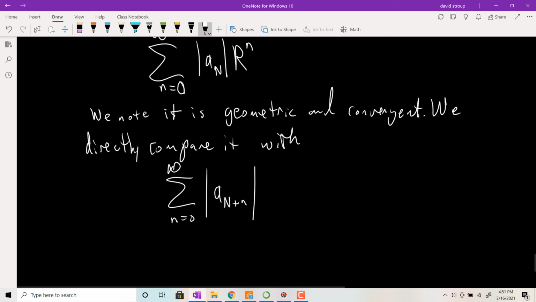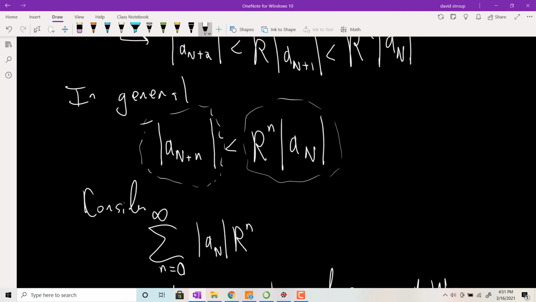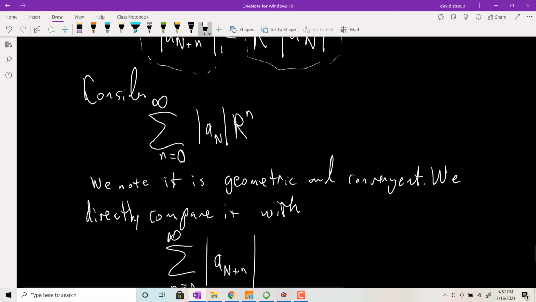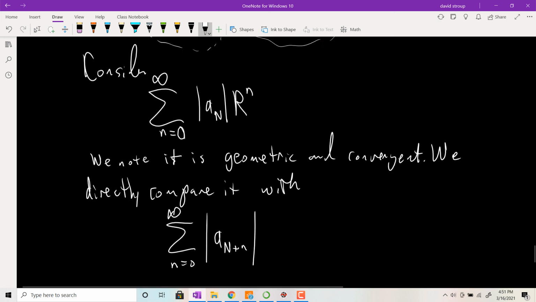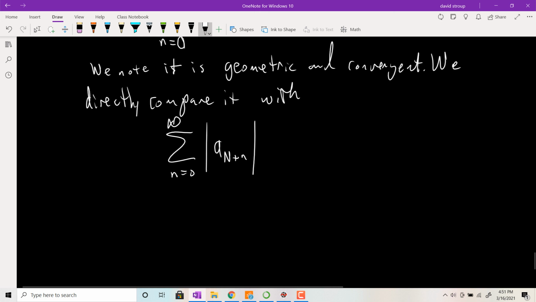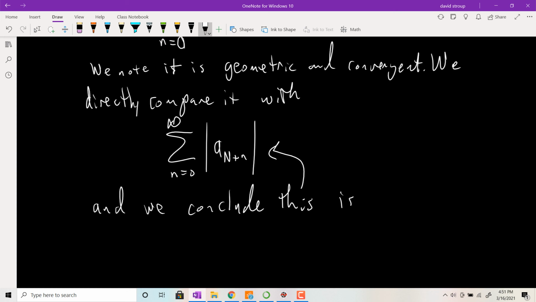And that implies, because of the inequality and the convergence of the quote-unquote bigger series, that the littler series that I'm giving you now is convergent. So we know it is geometric and convergent. We directly compare it with this series, and we conclude this is also convergent.